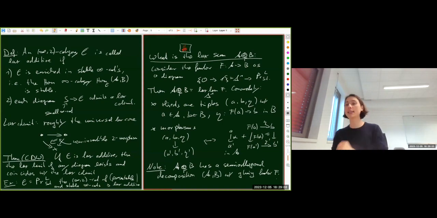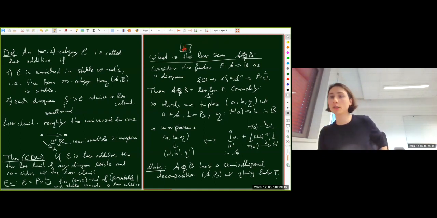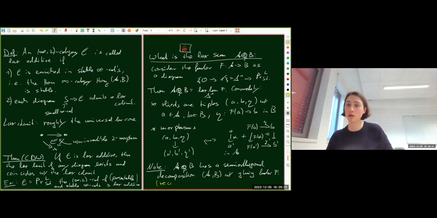These categories with semi-orthogonal decompositions appear in many contexts, for instance, in derived algebraic geometry. And it turns out that whenever you have such a semi-orthogonal decomposition, or a better version of a semi-orthogonal decomposition, a récollement, then your category is, under some maybe technical conditions, given as the lax sum of the gluing functor.